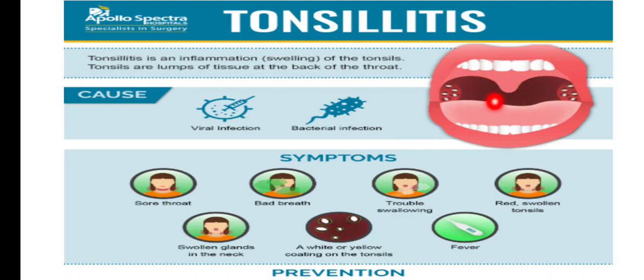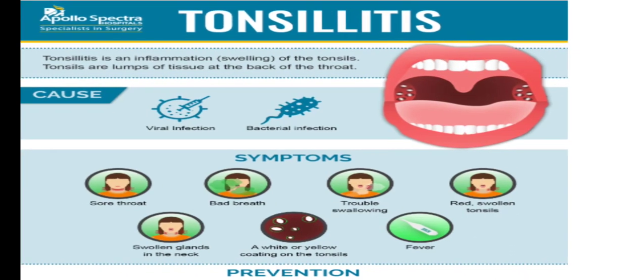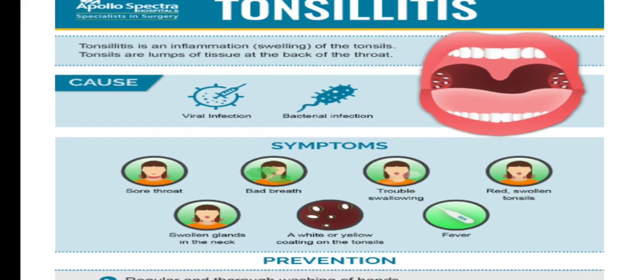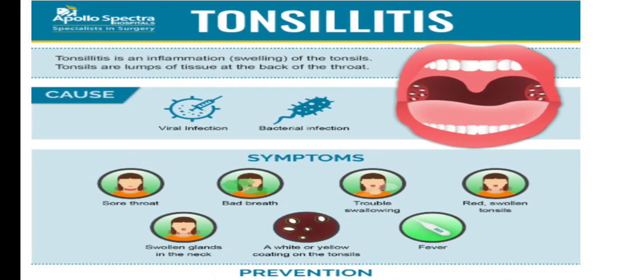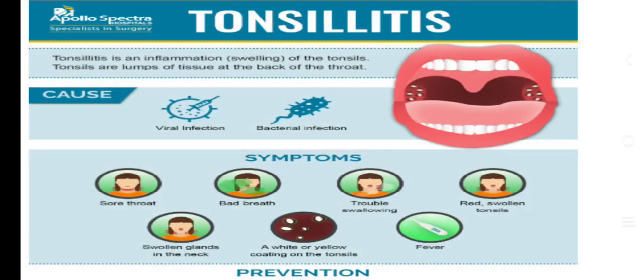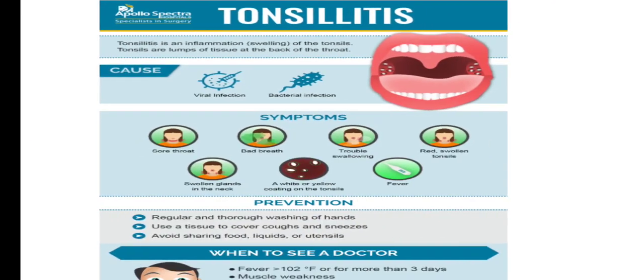So it's really necessary either to reduce the size of these tonsils or to get them out, because they cause difficulty in swallowing, eating, and breathing. They block the pathway of eating and breathing, as these two pathways are linked with each other.